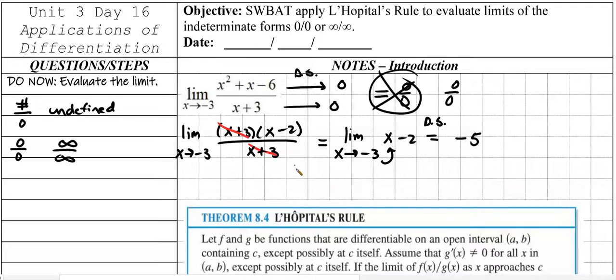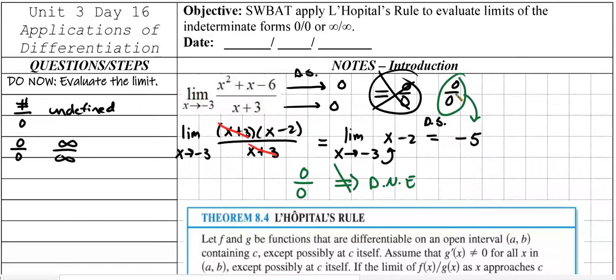Now, what you should get out of this is that 0 over 0 doesn't always mean that you're going to get does not exist for a limit. That's not always true. In this example, 0 over 0 actually gave us a limit value of -5. So it's pretty unclear what 0 over 0 is. We call it indeterminate, but we know that 0 over 0 may hold a value.